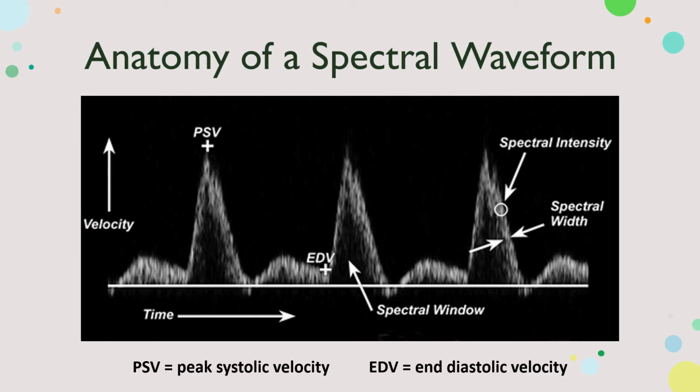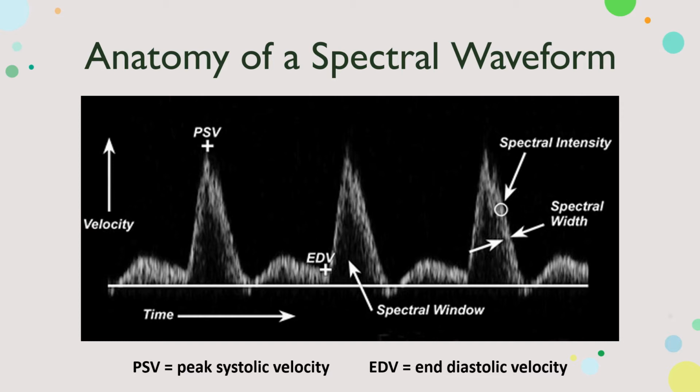Now the spectral envelope is the white line that we see. The spectral window is the space under the envelope, and we're going to talk about that a little bit more in depth when we talk about spectral broadening. But just think of the white dots that you see making up this line as red blood cells. So when the envelope is sharp, you can take a pencil and draw along that white line.